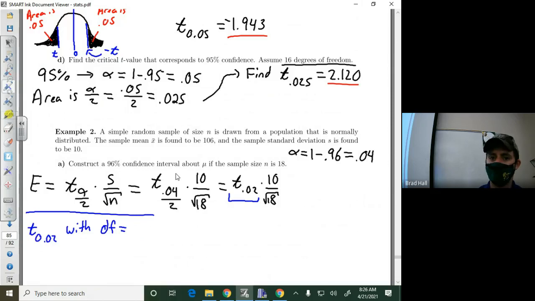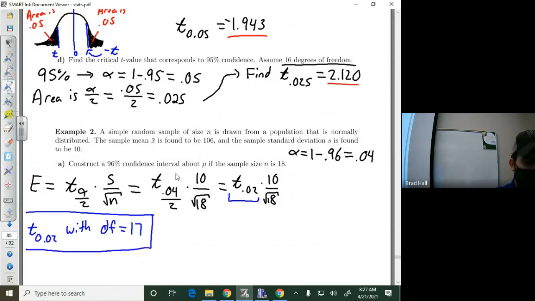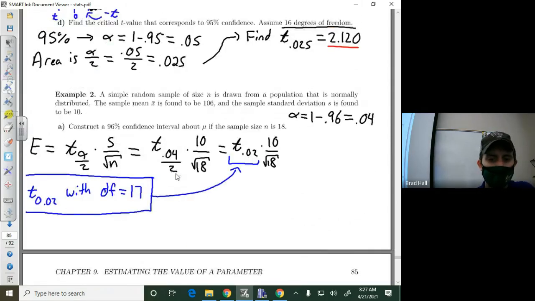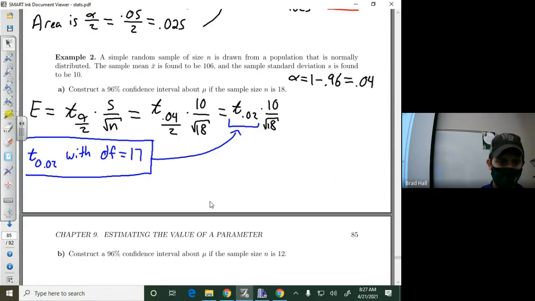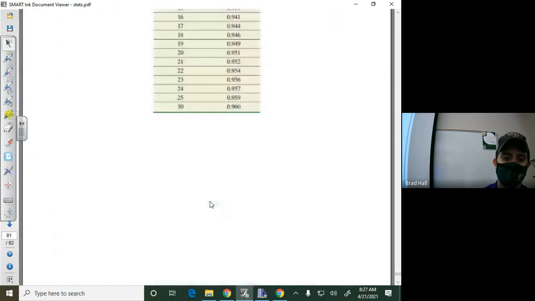Sample size is 18, degrees of freedom is 17. So that means we need to go to our table. 0.02 is the area, 17 is the degrees of freedom. So 0.02 and 17.